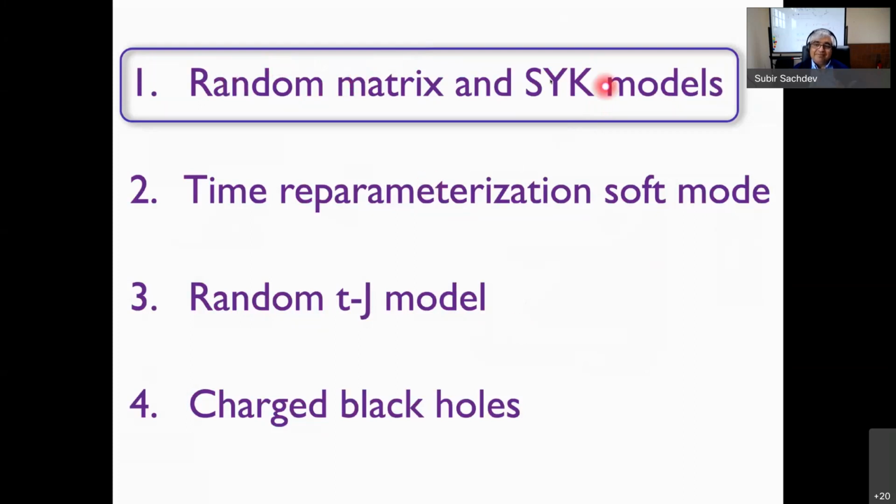So this model, okay, it has a complicated history, but in the form that I'll discuss it, it looks rather unphysical from any realistic description of any of the materials I've just mentioned. The second model will be a random t-J model.